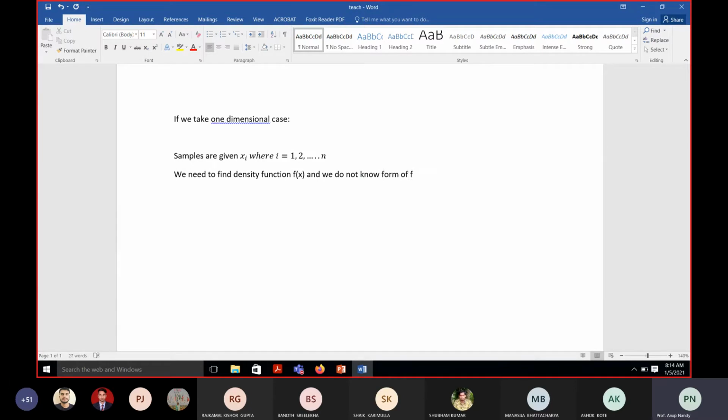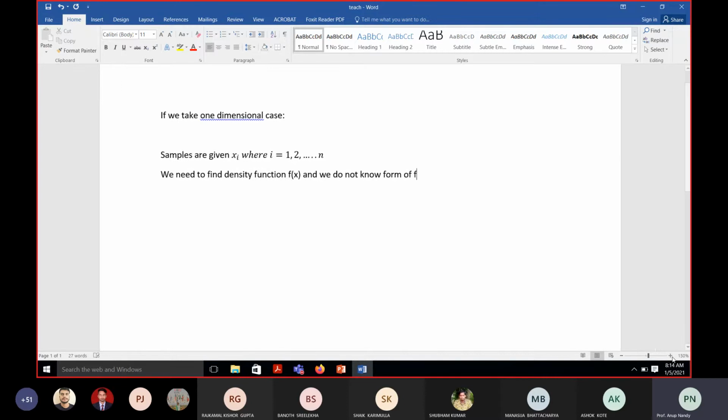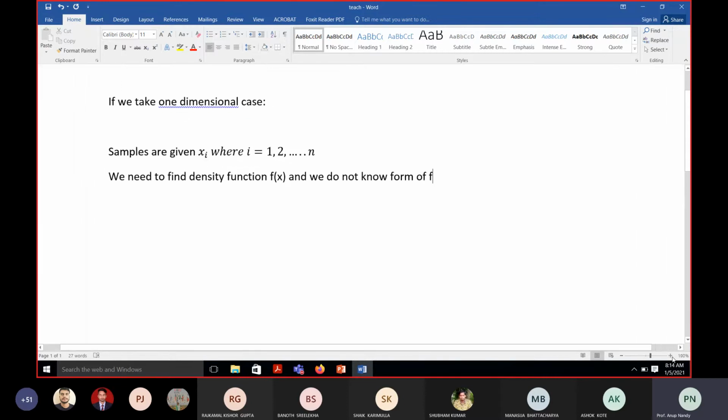Suppose samples are given, xi, where i is equal to 1 to n, that is, you have n observations. I think I should zoom a little so that it will be visible to you. Okay, now it is visible clearly.